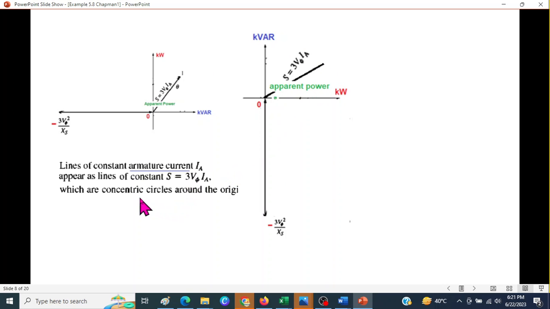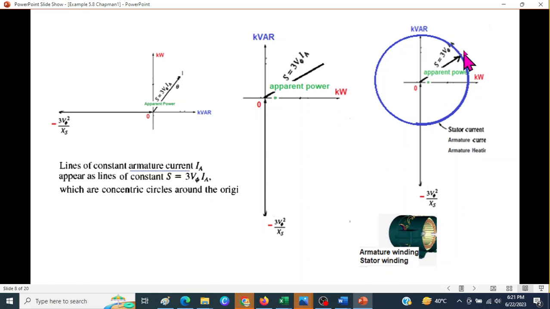So that is the concentric circle around the origin. It will be something like this. This circle will represent the power consumed by the stator winding or the armature winding. So this is our apparent power from the diagram. So this is the armature winding or stator winding power consumption, or the limit, we can say.